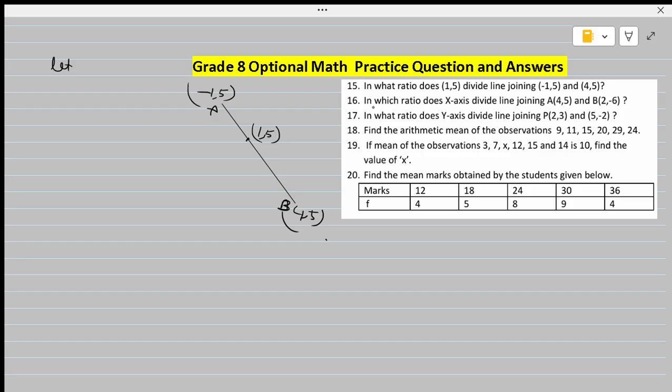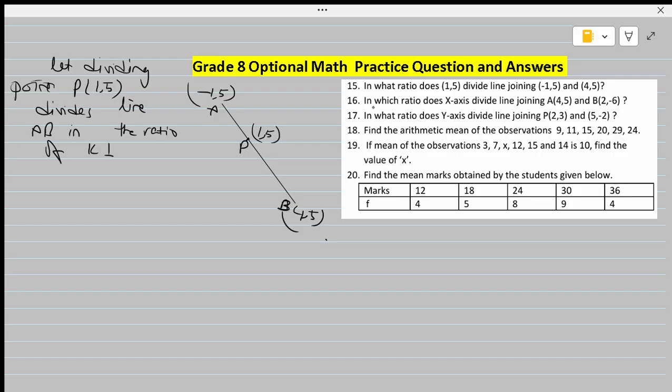Let this dividing point be P. Let the dividing point P (1, 5) divide line AB in the ratio K is to 1.